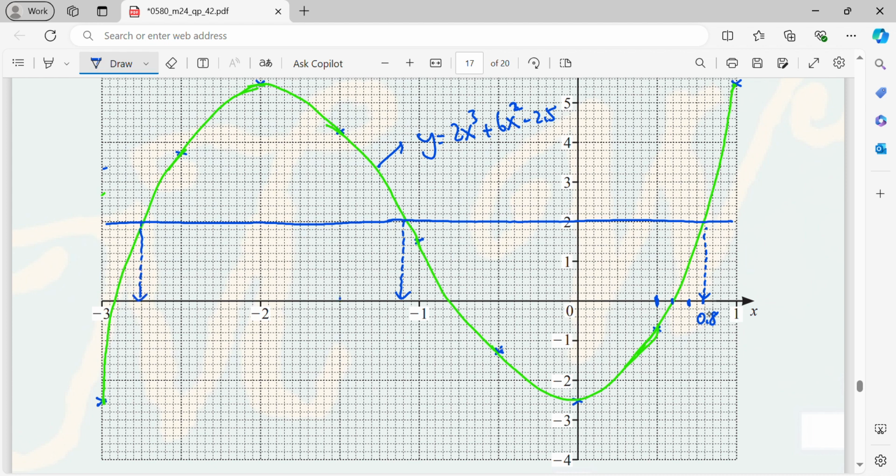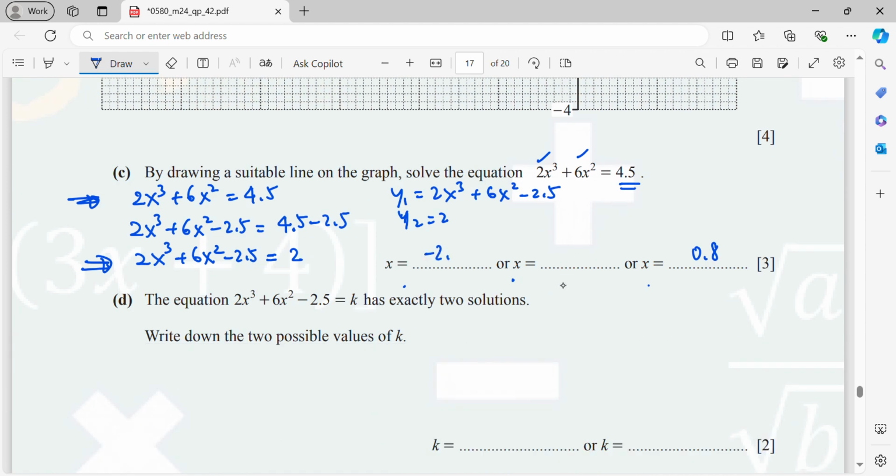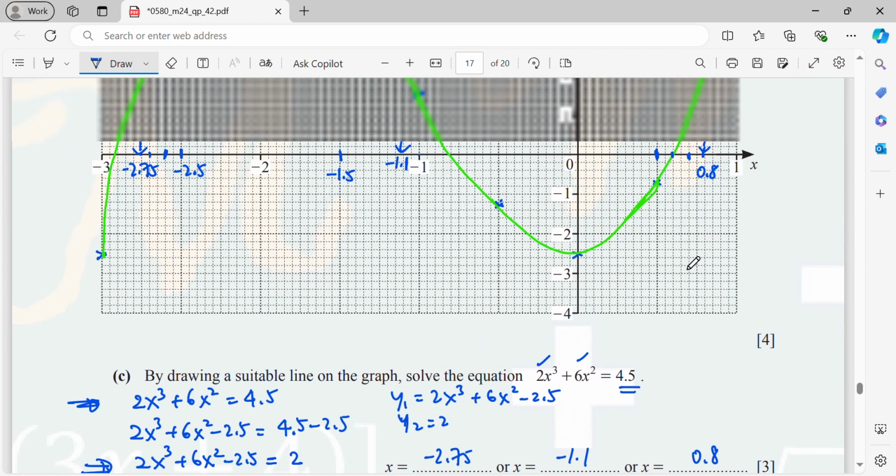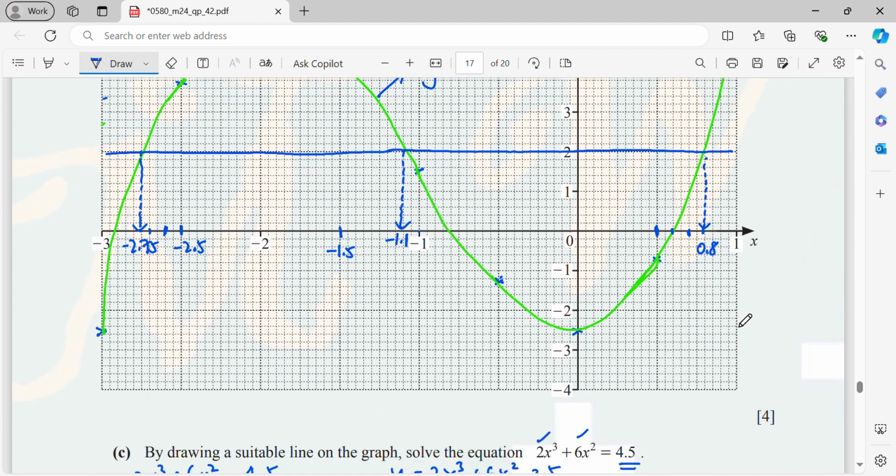This is negative 1.1. Then here negative 2.5, negative 2.6, 2.7, 2.75. So I will get negative 2.75 and negative 1.1. So that will be my answer based on the graph that I have sketched.